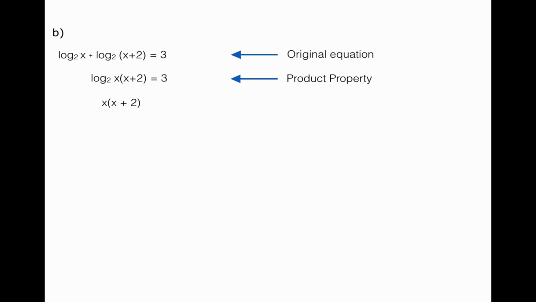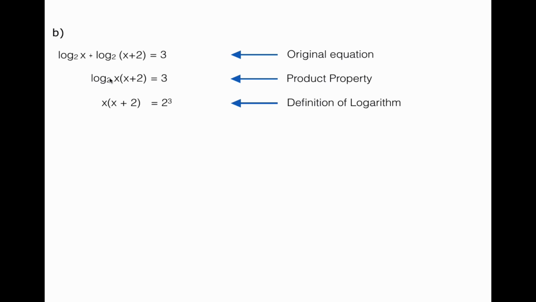So we can say that these two products, x times x plus 2, equals 2 to the third. And why did we do that? Well, this is the definition of a logarithm.